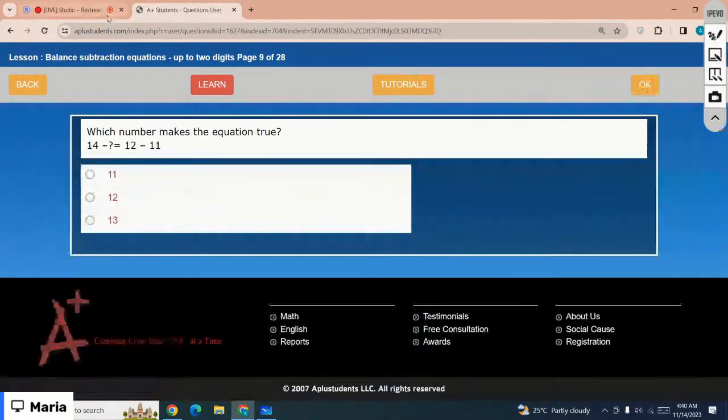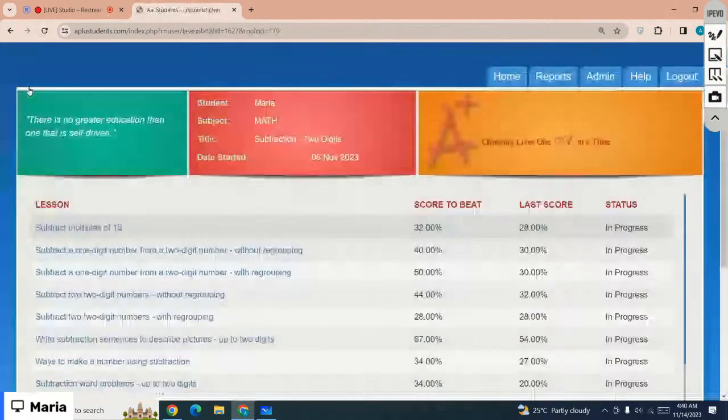Got it? Okay, you can complete the lesson by yourself later today. So we were working on grade 2 math.